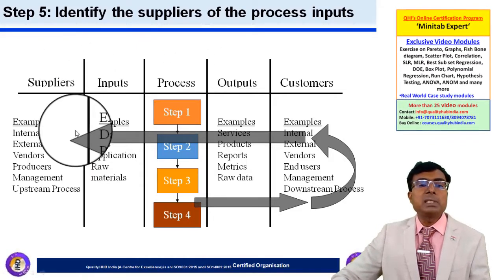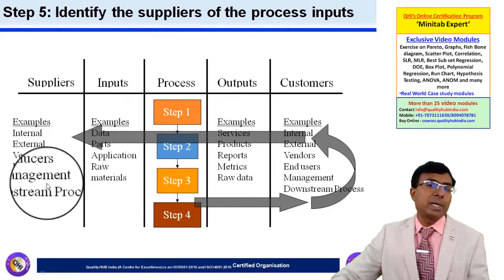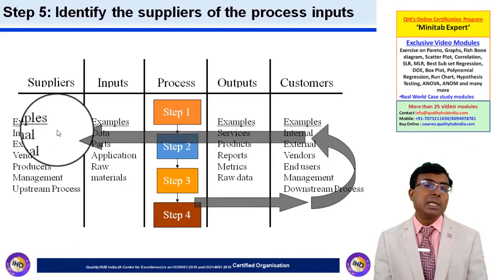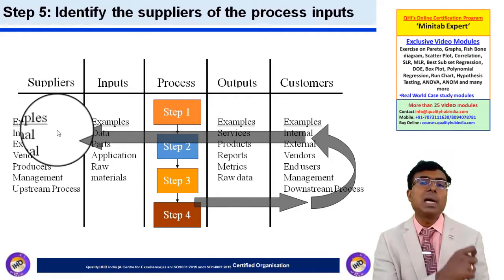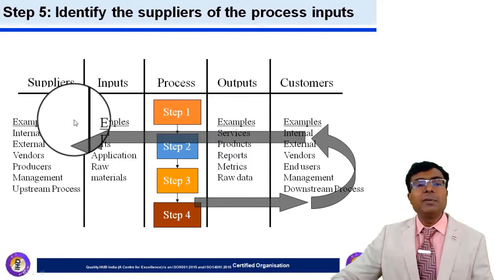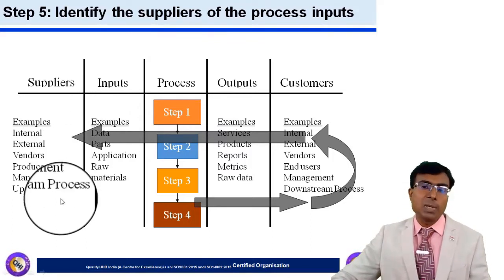So one of the practices is that for each of the inputs, you need to identify different suppliers. That is also practically possible because that would help you in understanding various nitty-gritty of the process, how that is being managed, who are the input suppliers for individual elements, so that you can talk to them and you can identify what are the critical characteristics so that you can manage the processes at the supplier end.